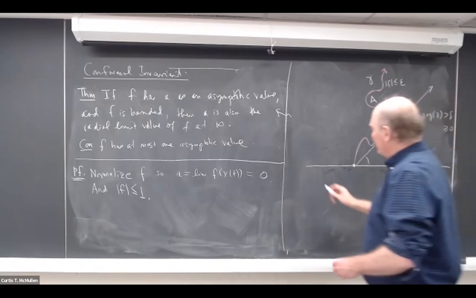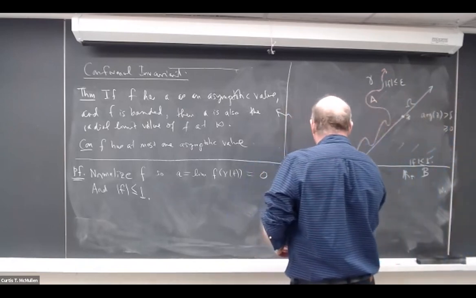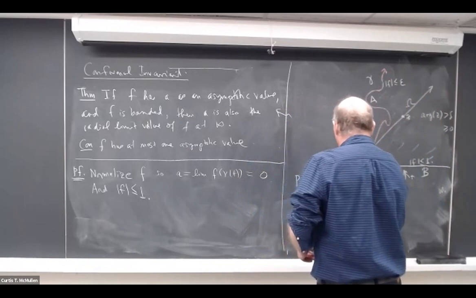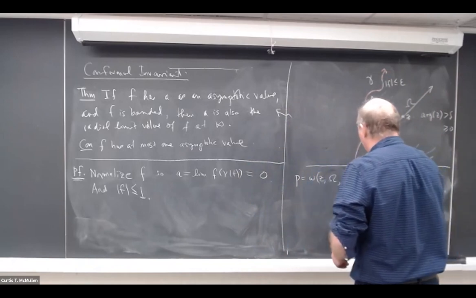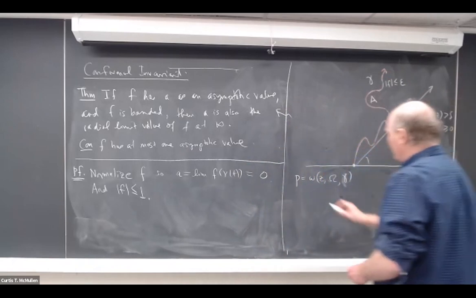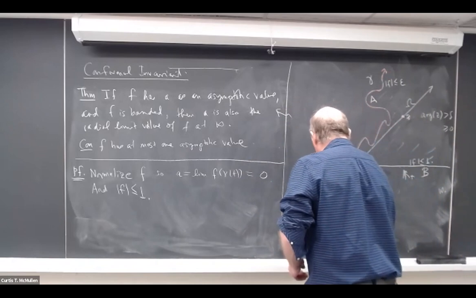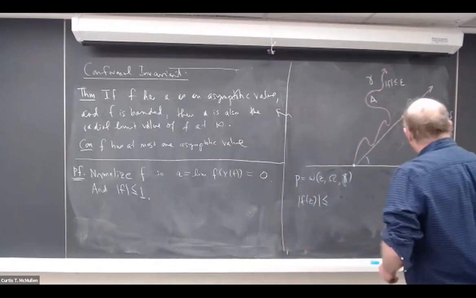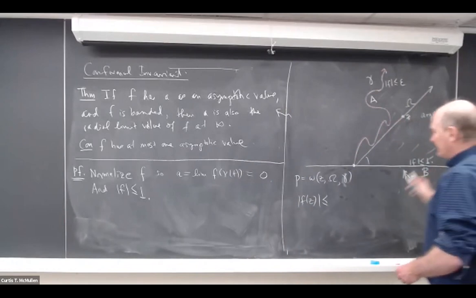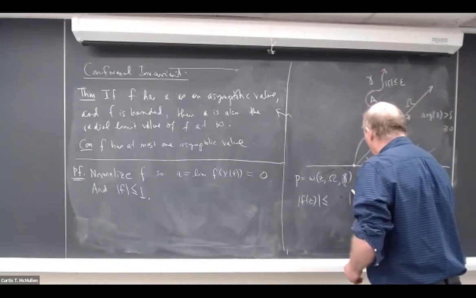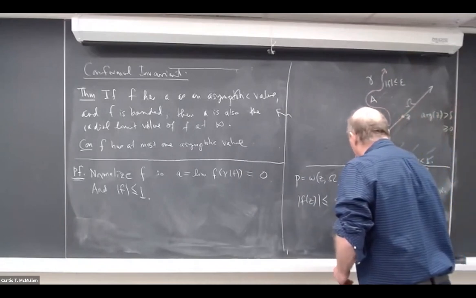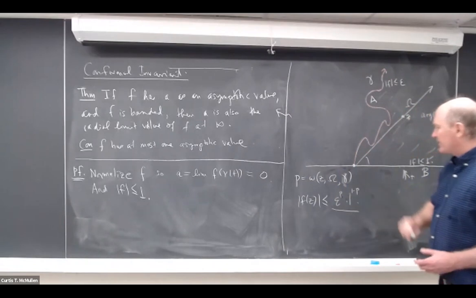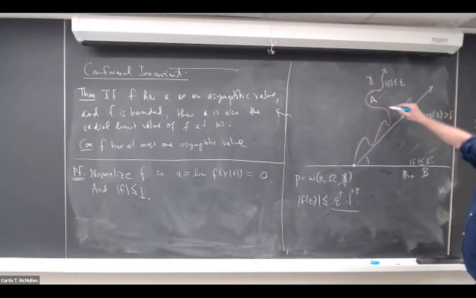Okay, so if P is equal to the harmonic measure at z in omega of this boundary part, let me just call this gamma, then we get the absolute value of f of z is less than or equal to the bound we have here, which is 1 to the 1 minus P, times the bound we have on this path, which is epsilon to the P. So as long as we can show that P is reasonably large, the fact that f is small here will force it to be small here.